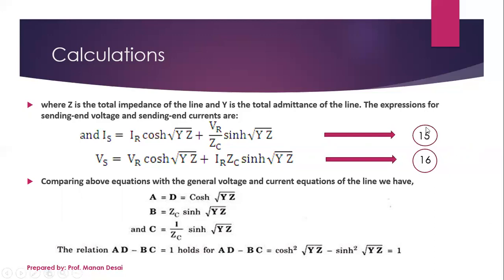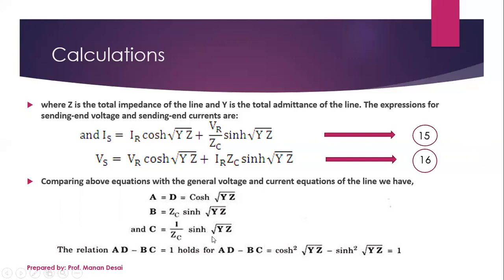In equations 15 and 16, A and D are the same. A is equal to D is equal to cosh under root YZ. Now B is equal to ZC sinh under root YZ, the characteristic impedance. Then C is equal to 1 upon ZC sinh under root YZ.